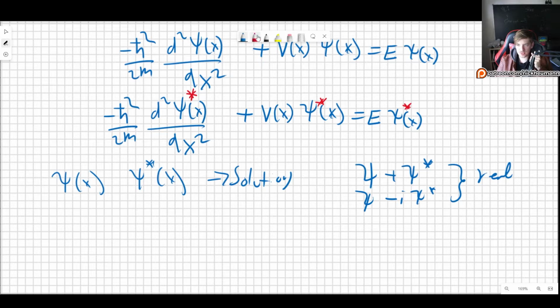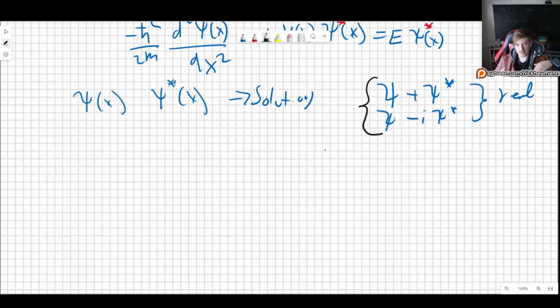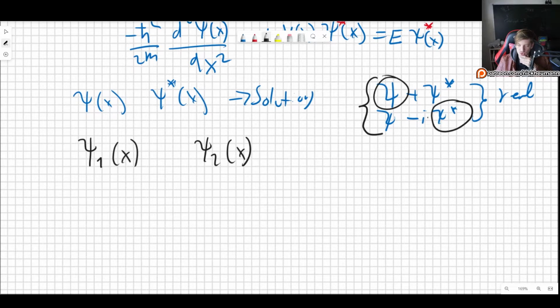So let's do this in general terms, because I don't want to have to do this derivation twice. So let's do it very general. Let's say that we have some solution psi 1, which you can think perhaps is psi, and we have some solution psi 2, which you can think represents psi conjugate.